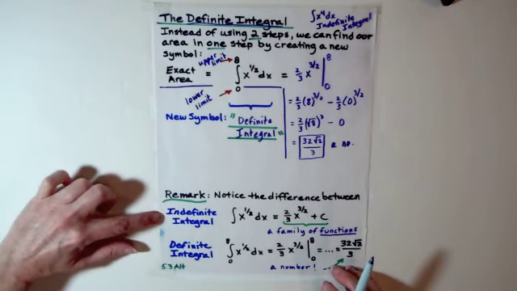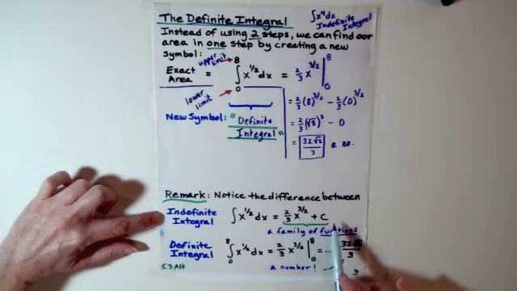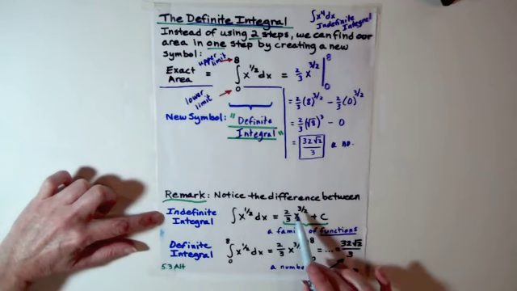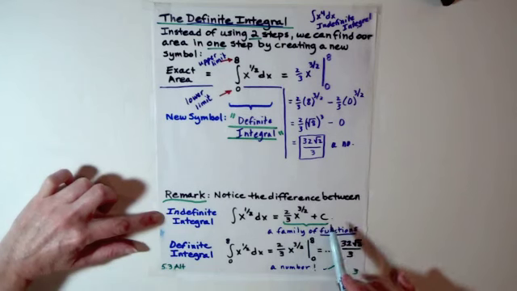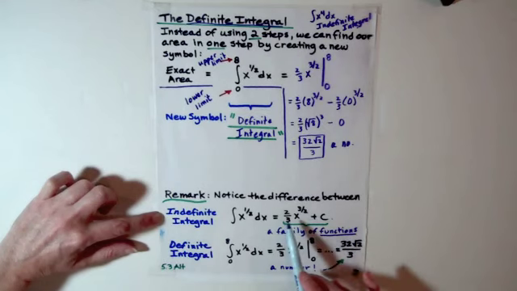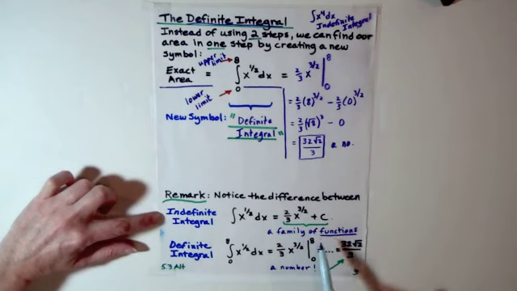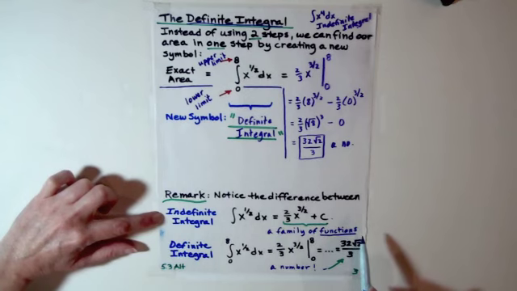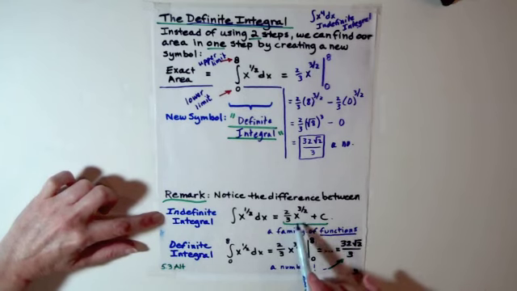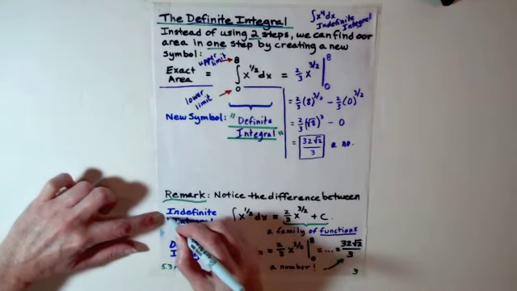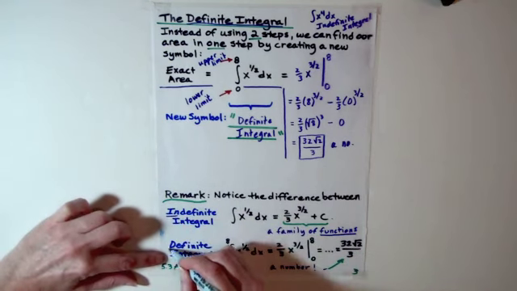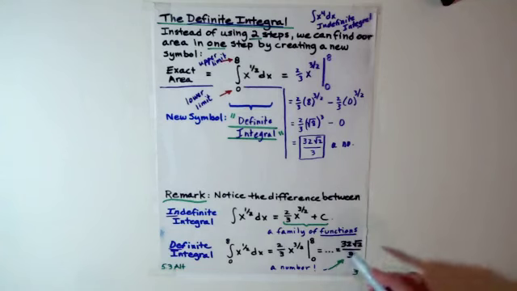Whereas an indefinite integral could have lots and lots of values depending on the particular value of x that you choose, and of course also on the particular integration constant that you choose. But this answer to an indefinite integral is a function, and so in a sense that's indefinite until you've specified what value of x you want to plug into that function. And that's the reason for the word indefinite versus the definite integral, where you get some definite number as an answer. Okay, let's go ahead and look at the next page.